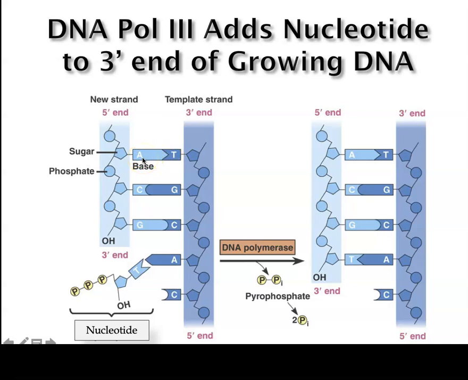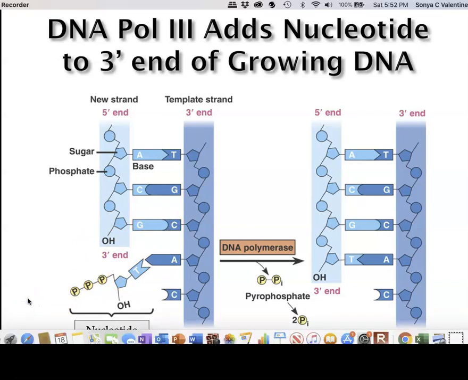A, adenine, always goes with T, thymine. C, cytosine, always goes with G, guanine. So if we know that there's a C here, for instance, it will always pair up with a G. If there's a G, it will always pair up with a C.